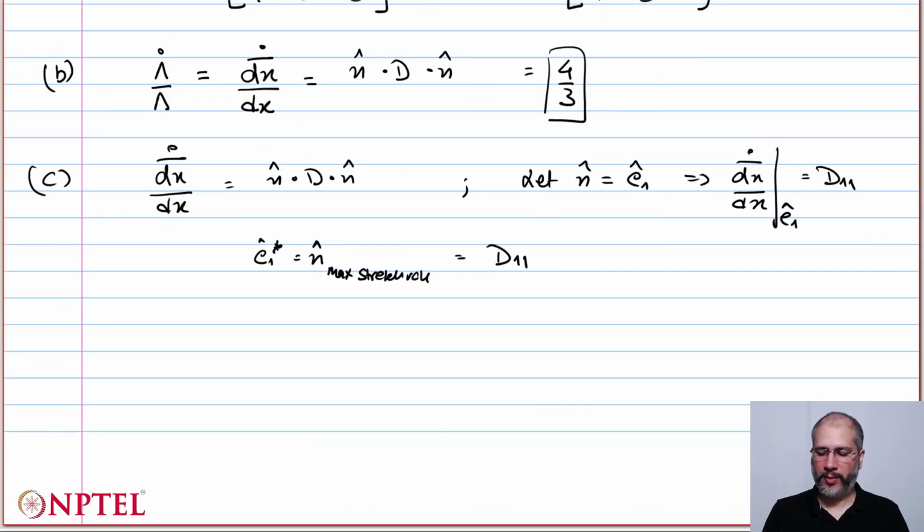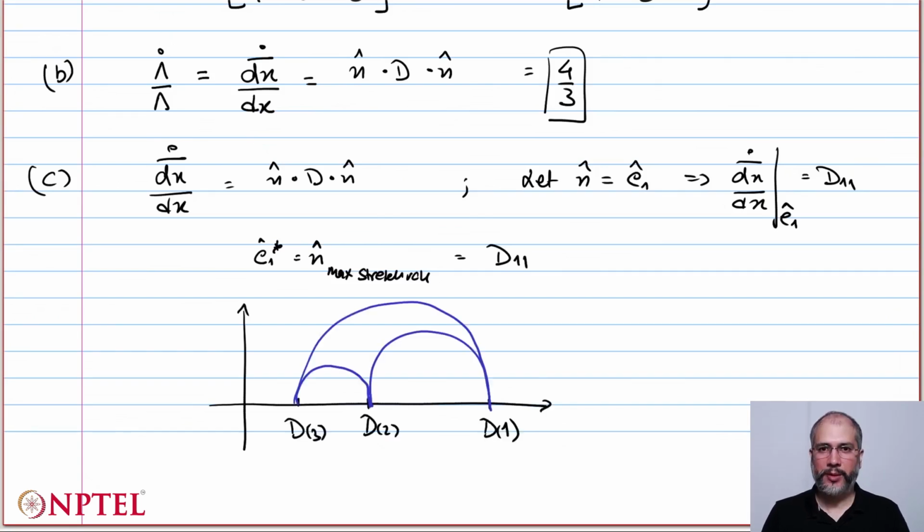And for a symmetric matrix, we know that it is the eigenvalues or the principal values which denote the maximum values of the diagonal or the normal components. So if I draw the Mohr circle for this case with the three eigenvalues written as d1, d2 and d3, then d1 denotes the maximum value for the normal component.